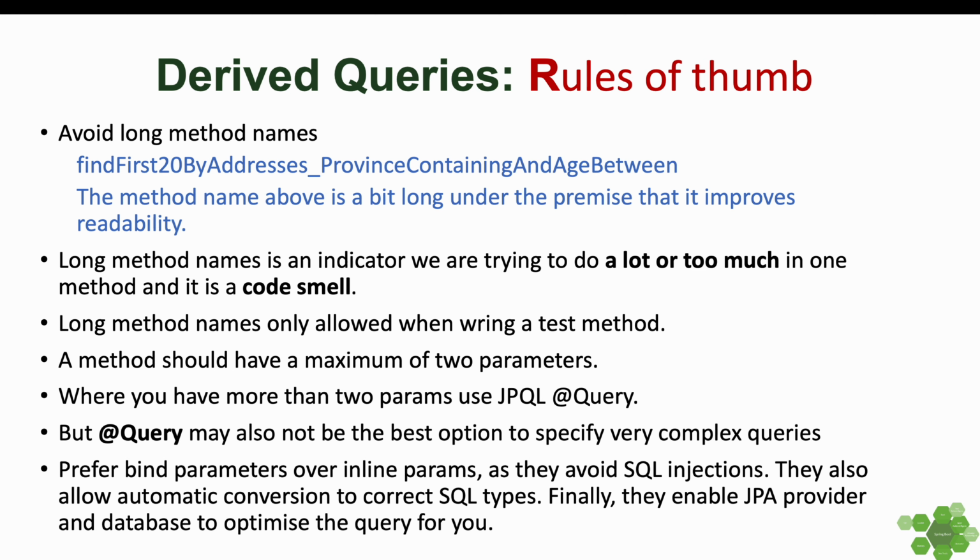If it has more than that, then you have to use some other things, maybe JPQL or whatever you want to use. But in terms of derived queries, if a method takes more than 2 parameters, don't use derived queries. Use something else.